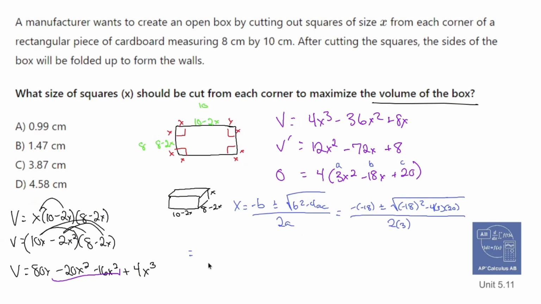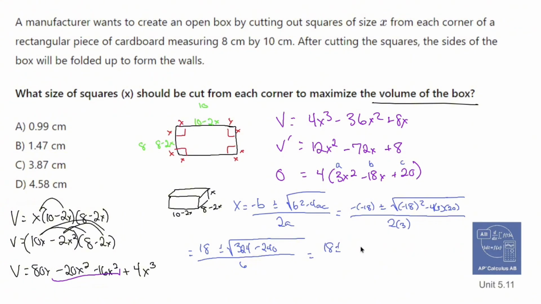All right, so the double negative makes 18, plus or minus, 18 squared is 324. Took me a minute there. Negative 4 times 3 is 12, times 20 is 240, but the negative version of it, all over, that'll be 6.